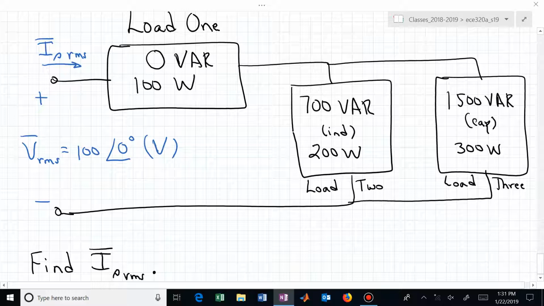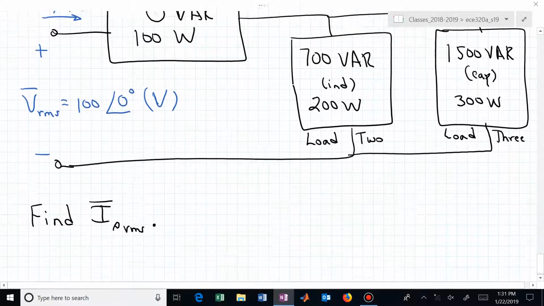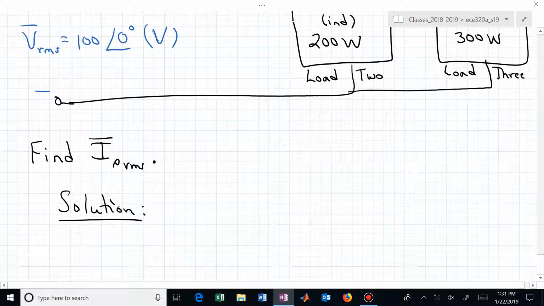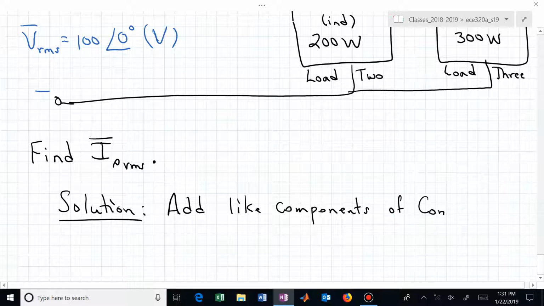The interconnection structure does not matter, and so now our solution for finding this is to start by adding the like components, meaning add up the real components and add up the reactive components, add like components of the complex power in order to make this happen.